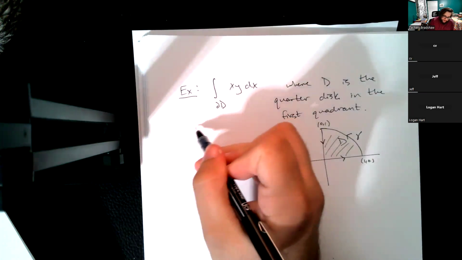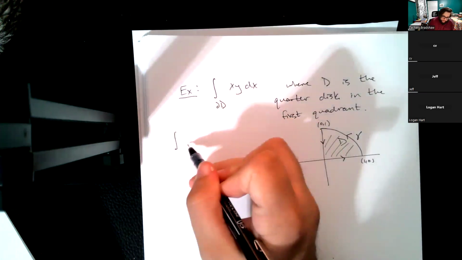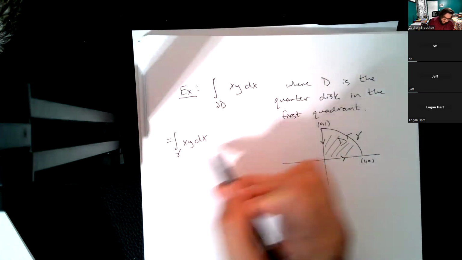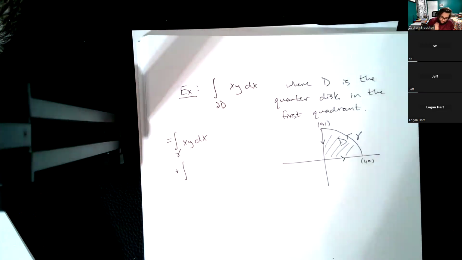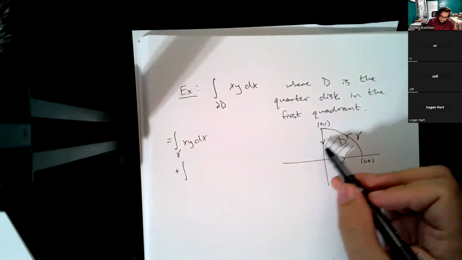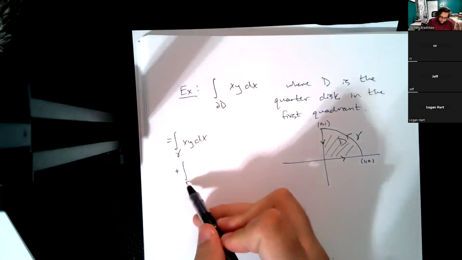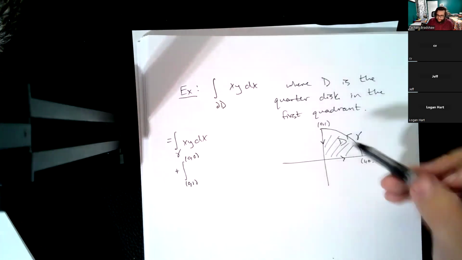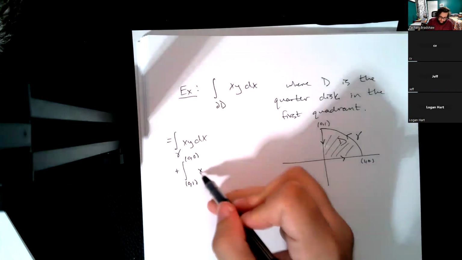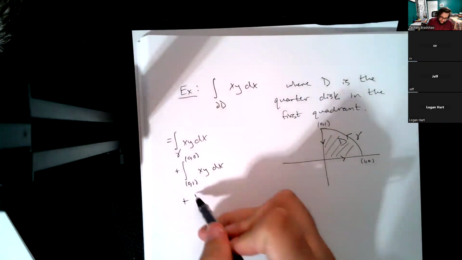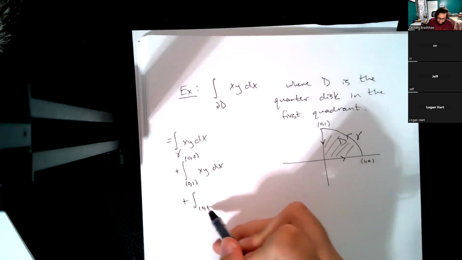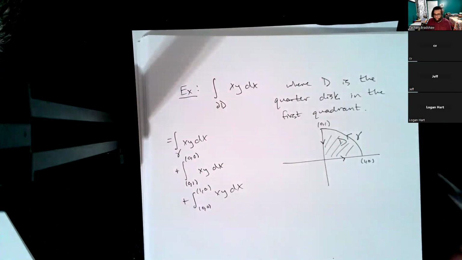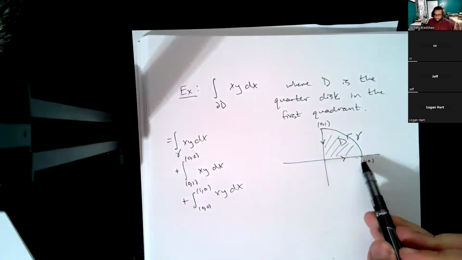Well, we can integrate this pretty easily. This is the integral over gamma plus the integral from (0, 1) to (0, 0), and we'll just understand that what I mean is this straight line here, plus the integral from (0, 0) to (1, 0) of xy dx. Same thing, what we mean by this notation is the straight line between these two points.